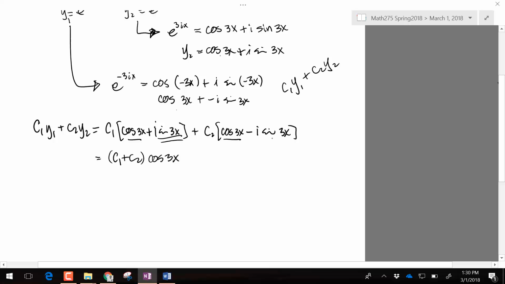And then for the sine, we have C1 I minus C2 I, times sine 3x. Did I do that right? This is an easier type of algebra. I think I must have done it right.